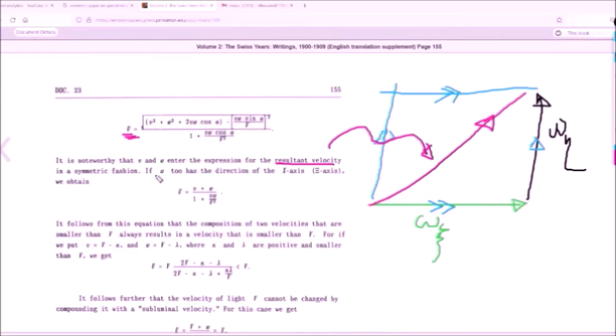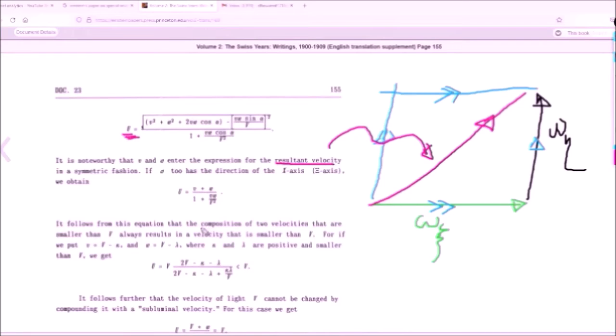In a symmetrical fashion, if W has the direction of the x-axis, we obtain that the velocity equals V plus W over the term. It follows from this equation that the composition of two velocities is smaller than V always.